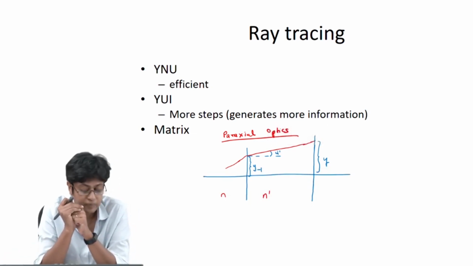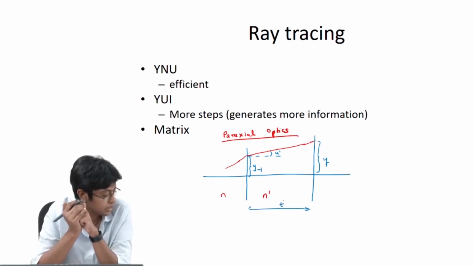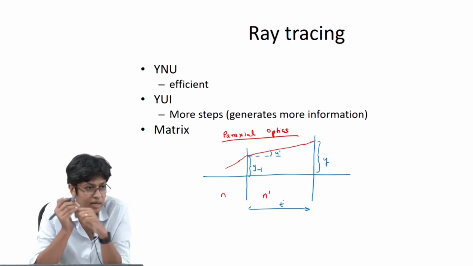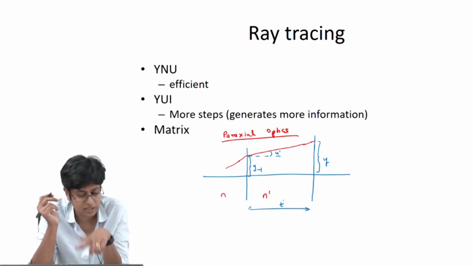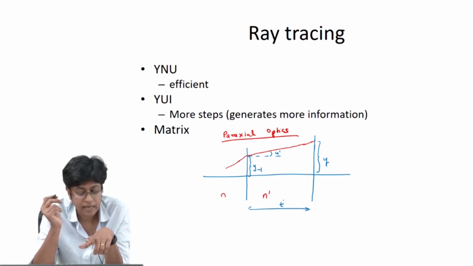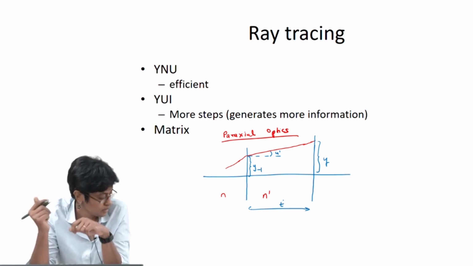Now the distance between these two surfaces or interfaces, let's say, has this value. So I know the height at one interface, I know the angle the ray makes with the optical axis just after the interface, and I want to find out the height at the next interface, right?